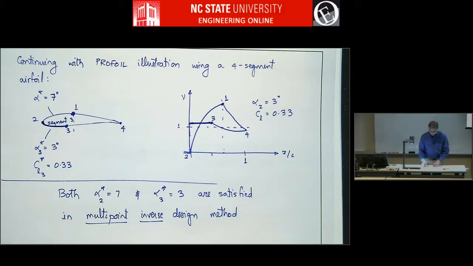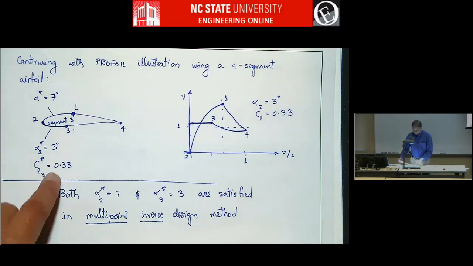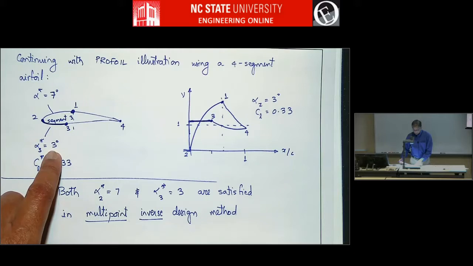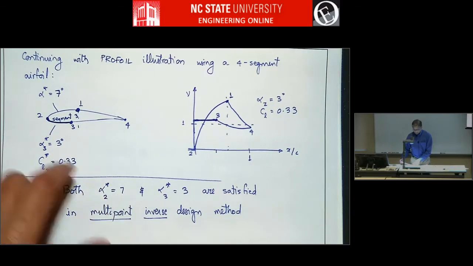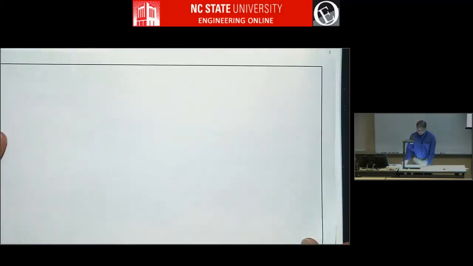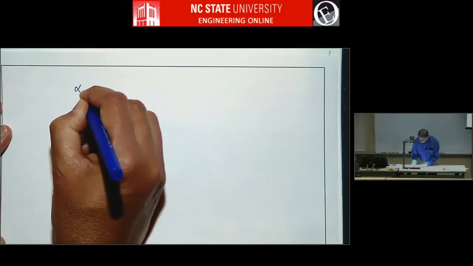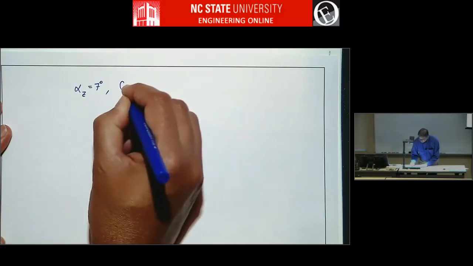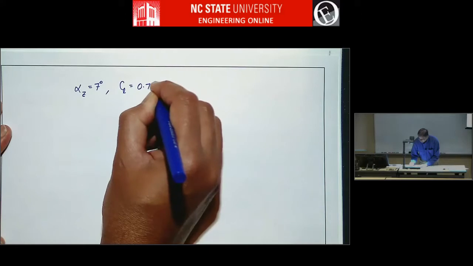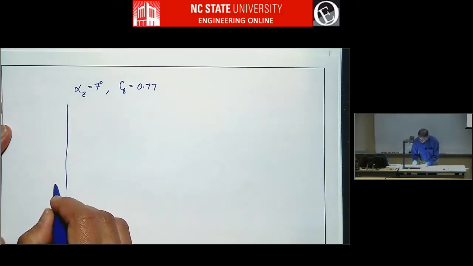Just to complete this thought, the reason this is so cool is that at some angle of attack that is near 3 or near 7, you can say what will be the gradient of the velocity distribution. So if we take alpha z equals 7 degrees or CL equals 0.77, and if you look at the velocity distribution, it will look like this.